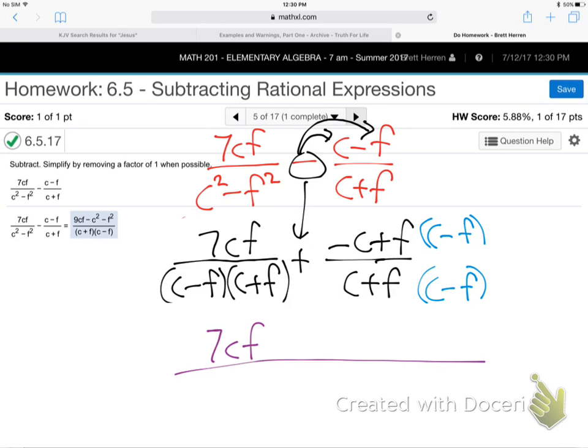Seven CF, so one big fraction. And then we're going to have to FOIL that other one, right? Everybody seeing that?